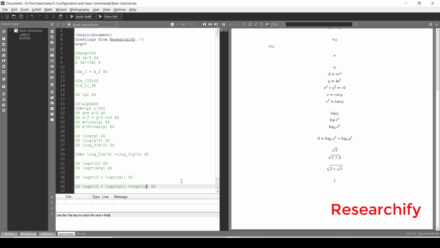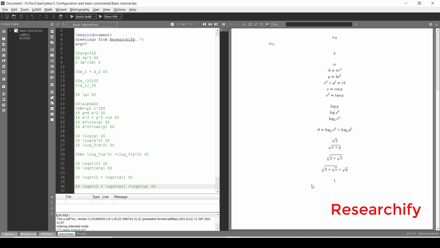Okay, now see what you will get. See here x plus root over x plus root under y. So you can see there is one difference. 2 plus root under 2 are under this square root, but this root y is not within this root. Why? Actually, I have written this differently from this square root.